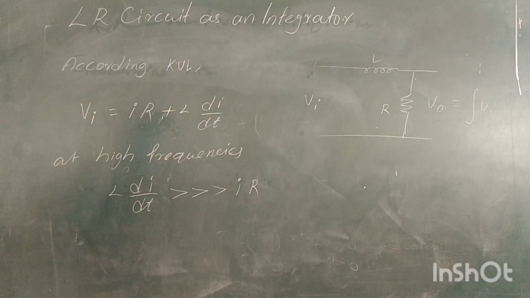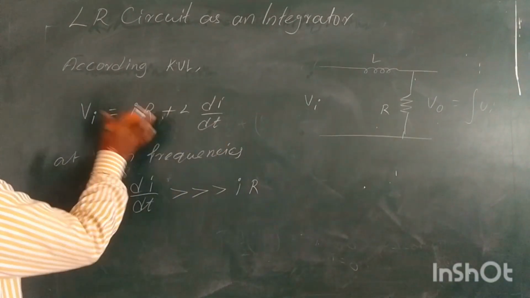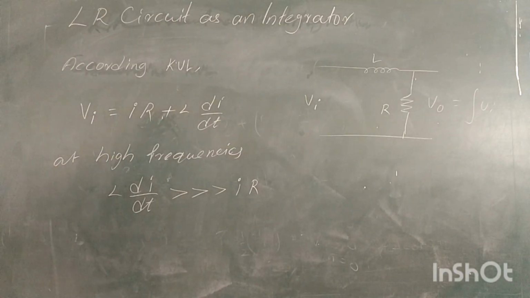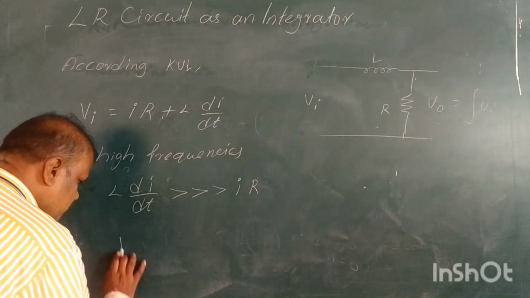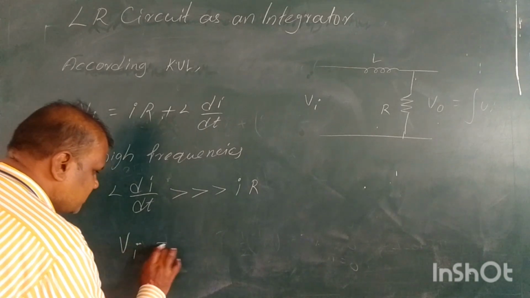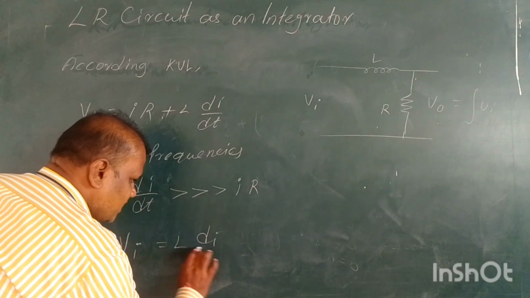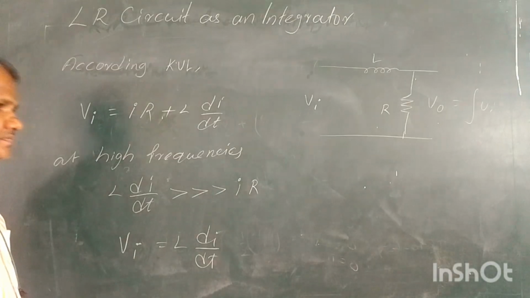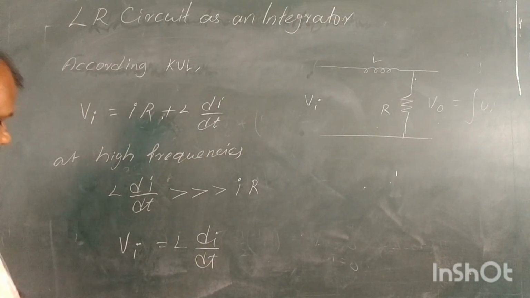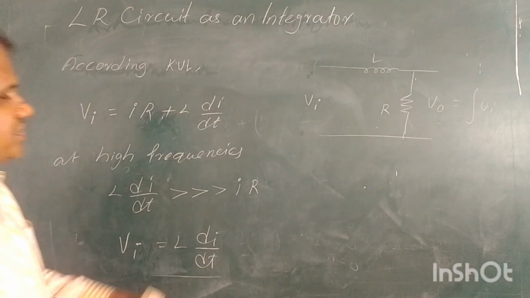So here you can take L di by dt greater than IR. When comparing with this value, you can neglect the IR. Therefore the input voltage is just L di by dt. So Vi equal to L di by dt.